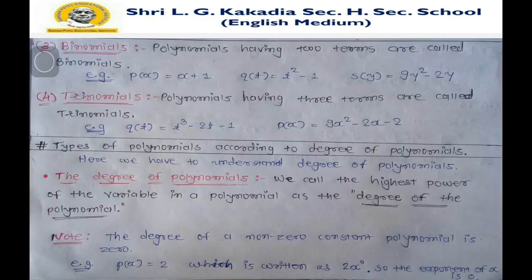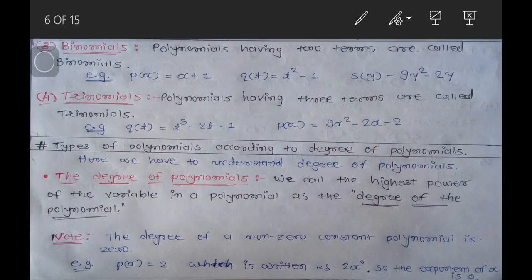The other one, binomial. A polynomial having two terms is called a binomial. In a polynomial, if we find two terms, then it is called a binomial. Here are some examples: p of x is equal to x plus 1.